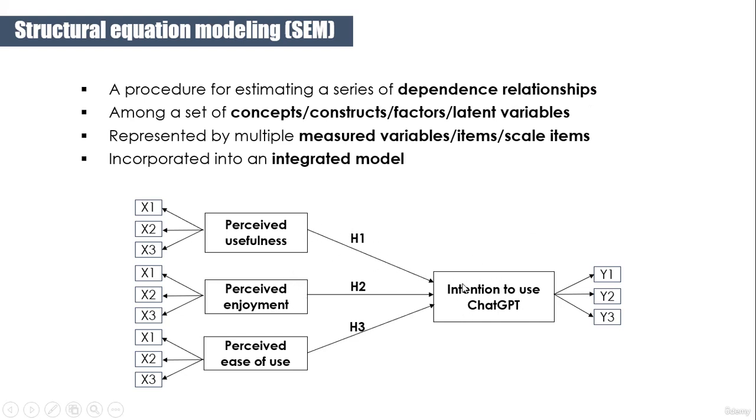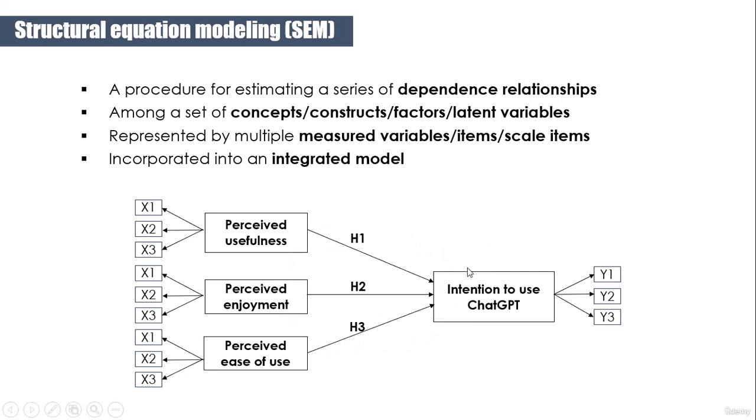Here we want to understand the intention of people, why they use ChatGPT. There are some factors that affect the intention, for example perceived usefulness, perceived enjoyment, and perceived ease of use. Then we are trying to understand the relationship. This relationship is called a dependence relationship.